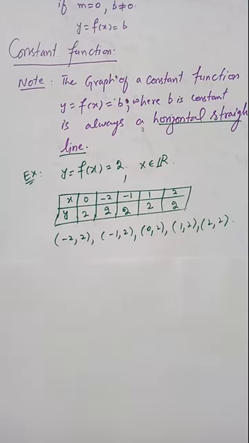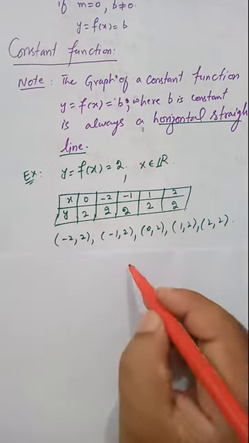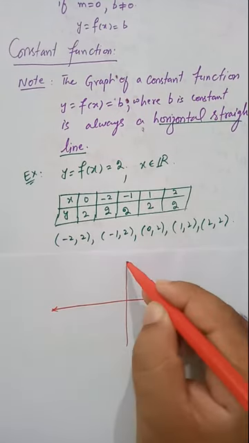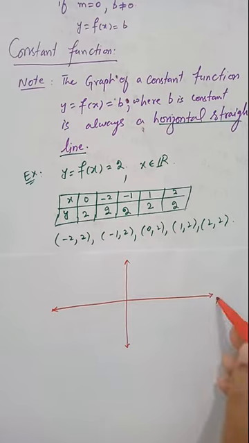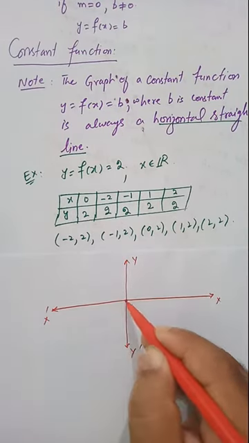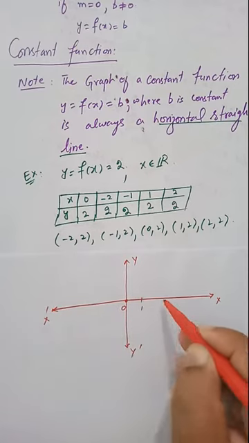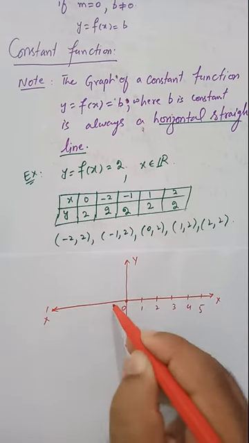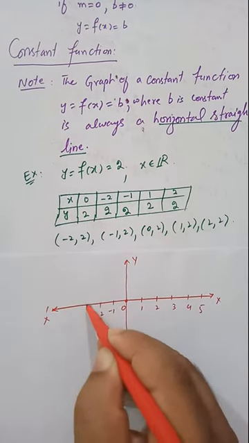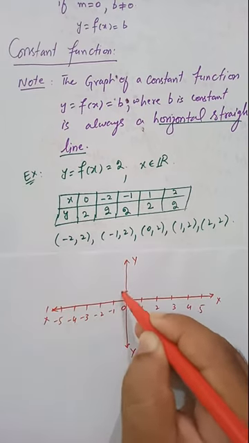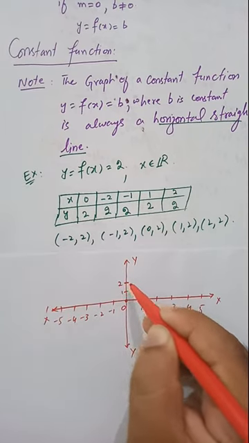So this is your x-axis, this is the y-axis, this is 0, let's say this is 1, this is 2, this is 3, 4, 5, -1, -2, -3, -4, -5, this is 1, and let's say this is 2.